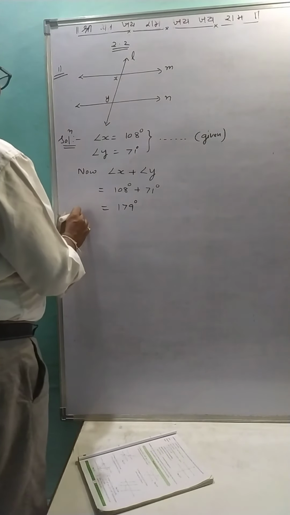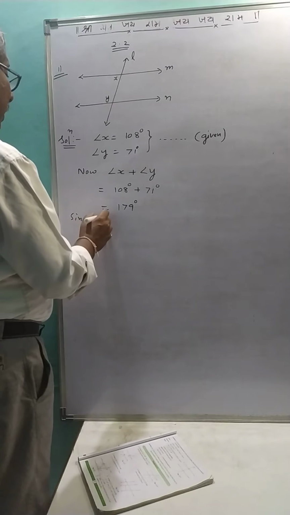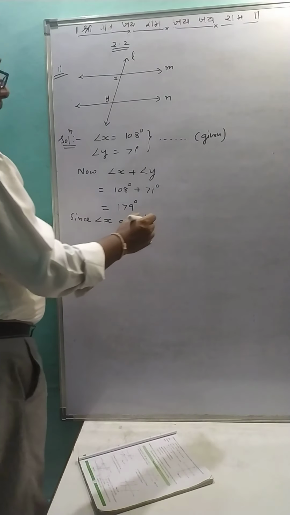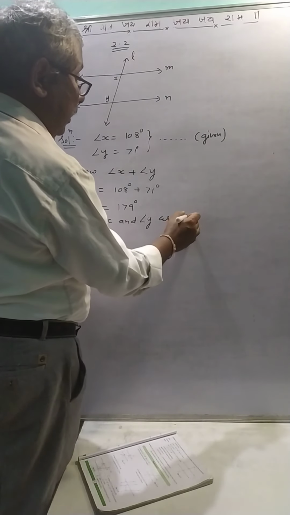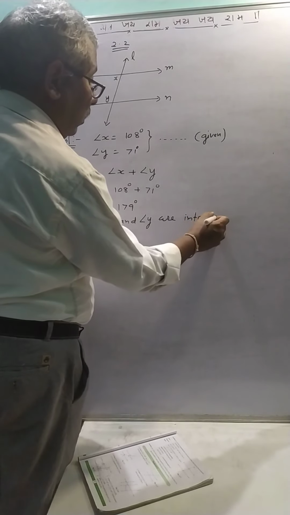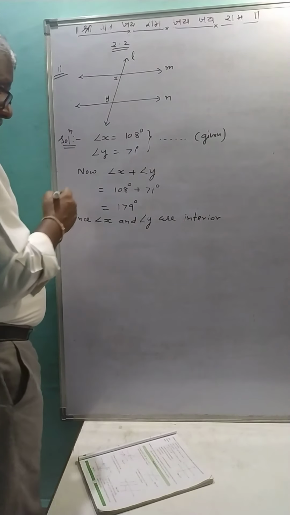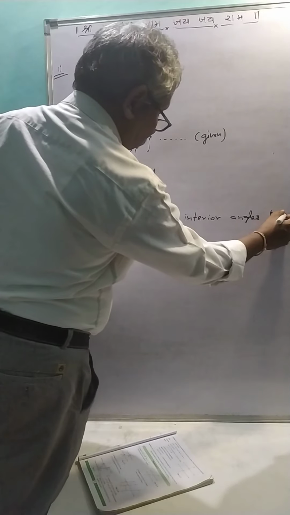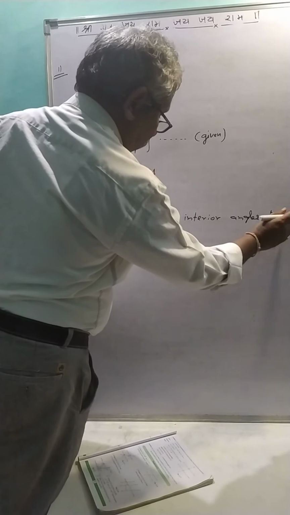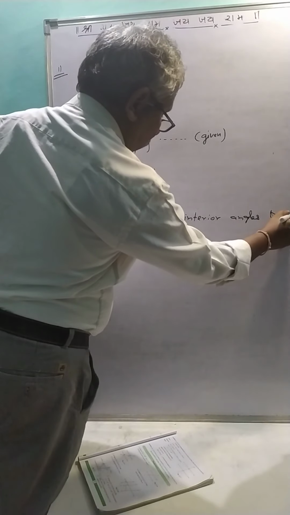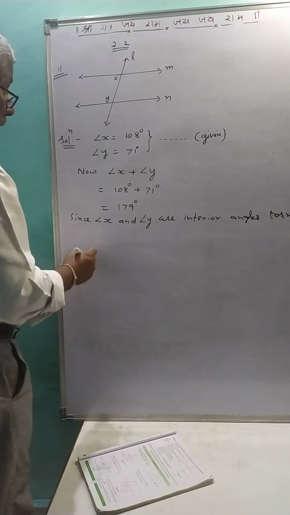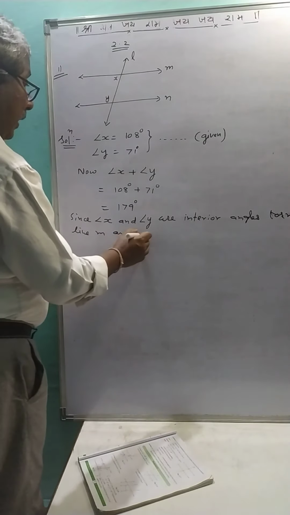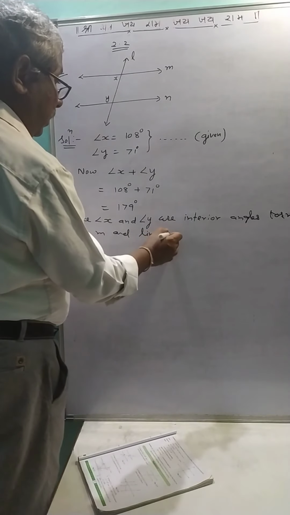Okay, since angle x and angle y are interior angles formed by line M and line N.